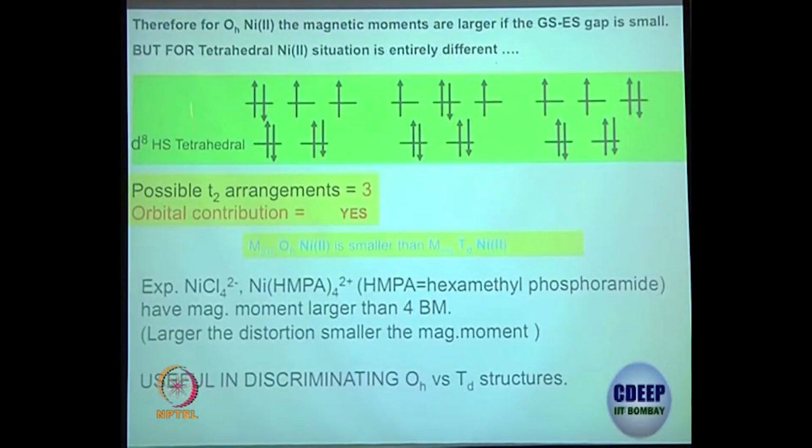But in the tetrahedral case, you can have orbital angular momentum due to the unsymmetrical filling of the T2G orbital, right? That's the reason. And actually for 2 unpaired electrons, it can go up to 4 Bohr magneton. Bm is the unit for magnetic moment.